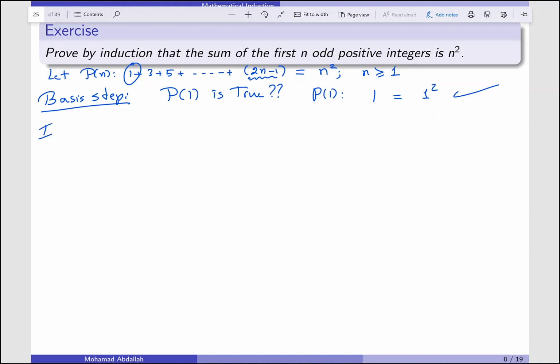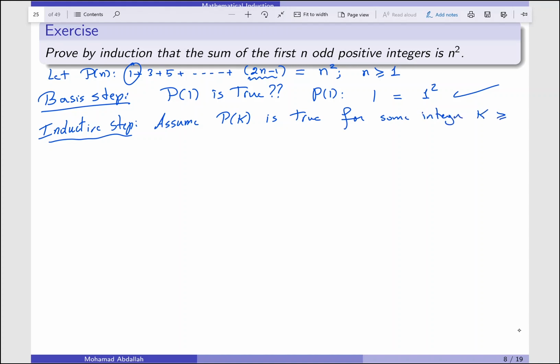Now is the inductive step. In the inductive step, you assume that P of k is true for some integer k. Now, what does it mean to say that P of k is true for some integer k?